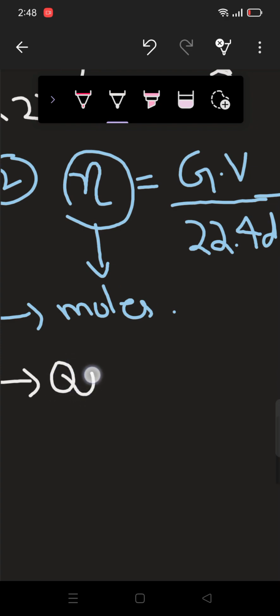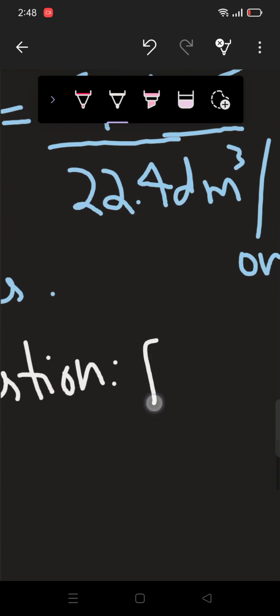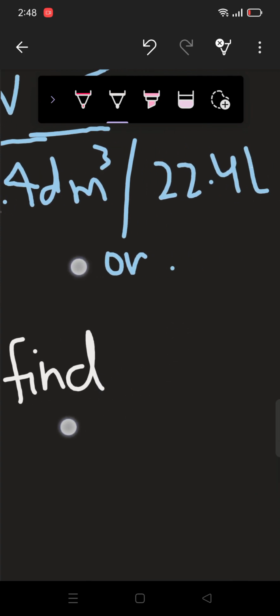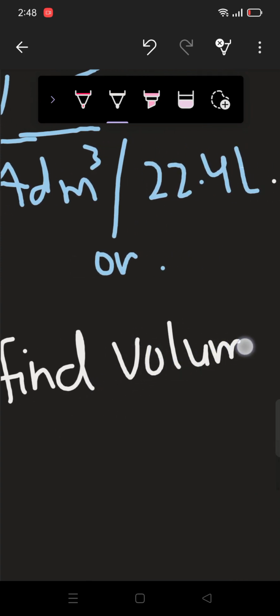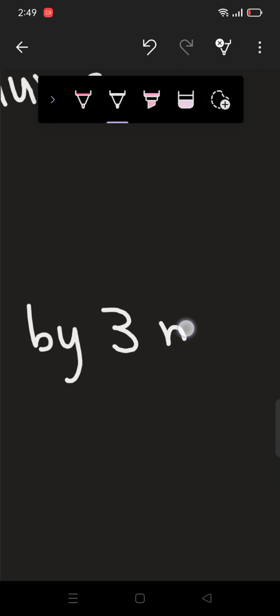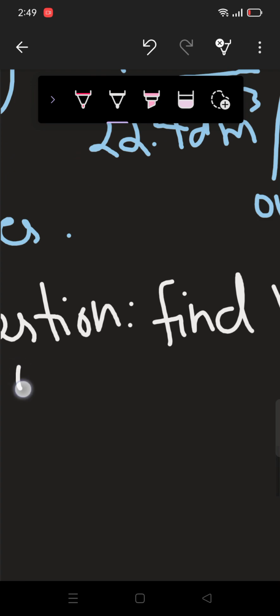So the question is: find the volume occupied by 3 moles of carbon dioxide at STP, right?